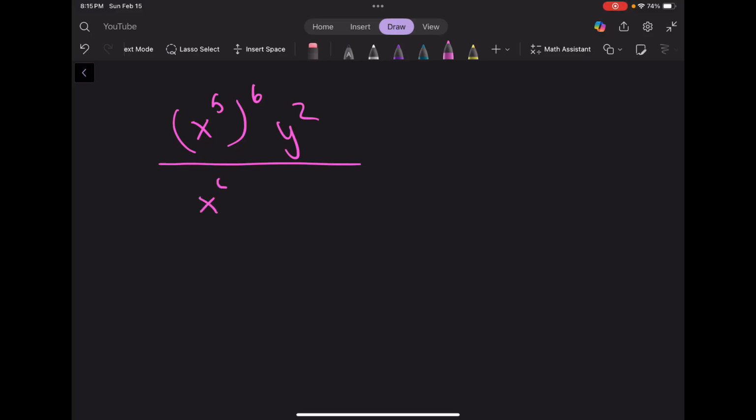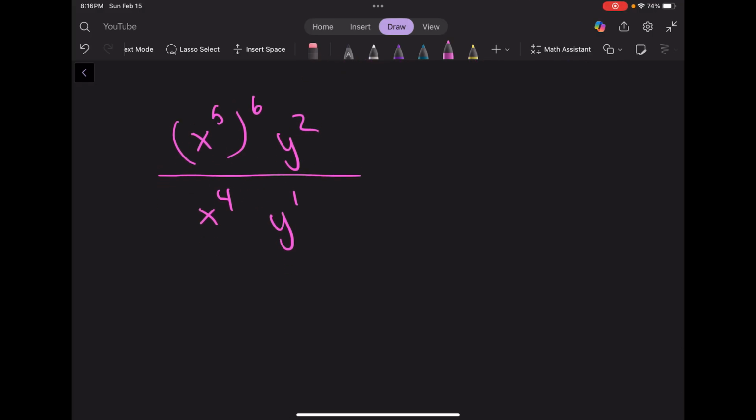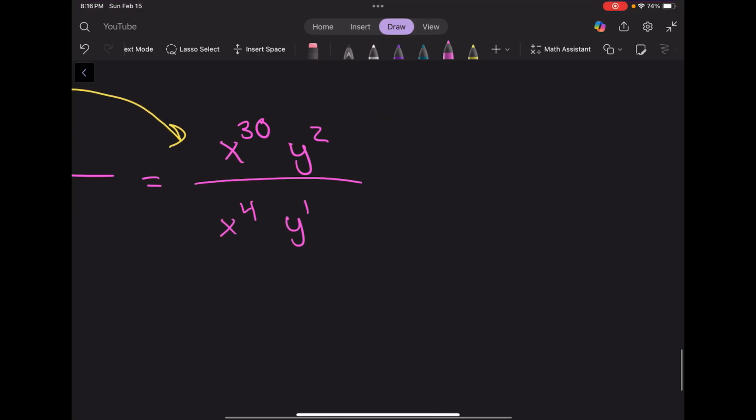Let's say you have a problem that looks like this, and you don't know where to begin with simplifying it, or it looks really complicated. Remember PEMDAS. You're going to start here. That's going to get you, by applying the exponent rule, x to the 30th y squared over x to the 4th y to the 1st. I know I don't need this one here, but we're going to leave it there, all right?